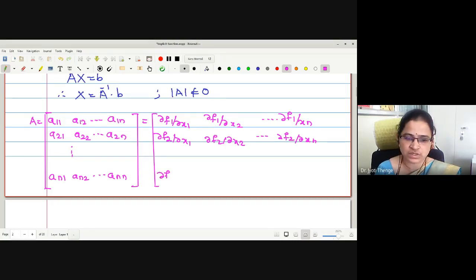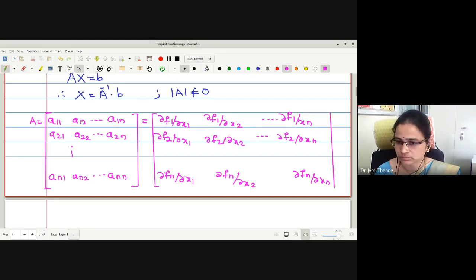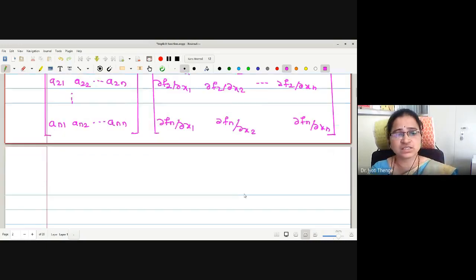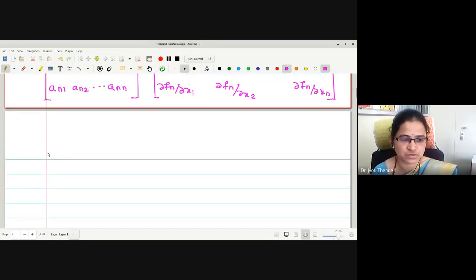And the last row is ∂fn/∂x1, ∂fn/∂x2 and ∂fn/∂xn. Correct, no? Now this is nothing but the Jacobian matrix we have seen in the last unit. Therefore, this system of equations will possess a solution.